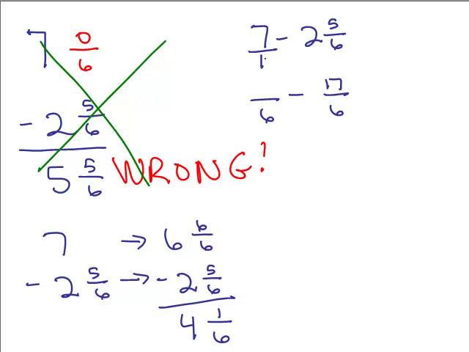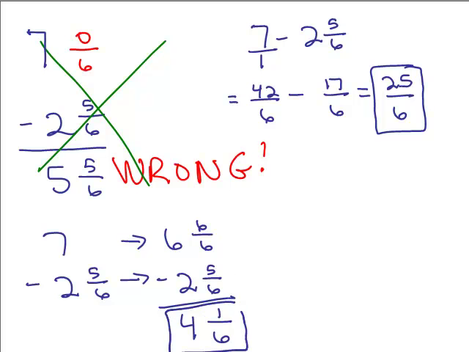So you multiply the top and bottom by 6, 42/6. And then what is 42 minus 17? I think that's 25/6. Is that the same thing as 4 and 1/6? Yes, it is.